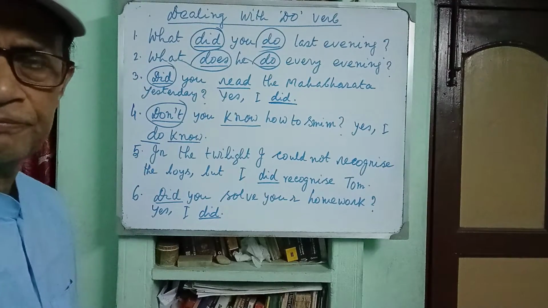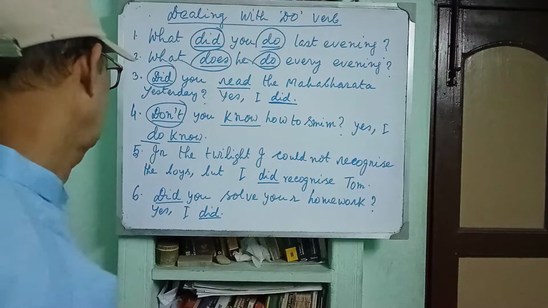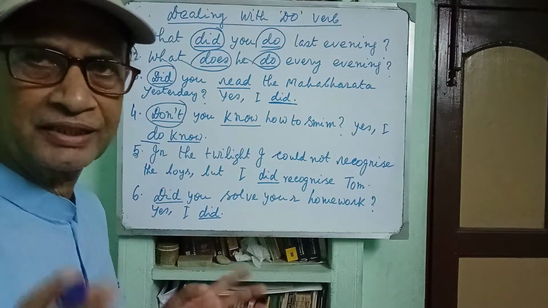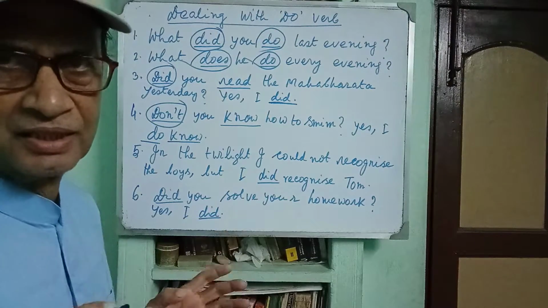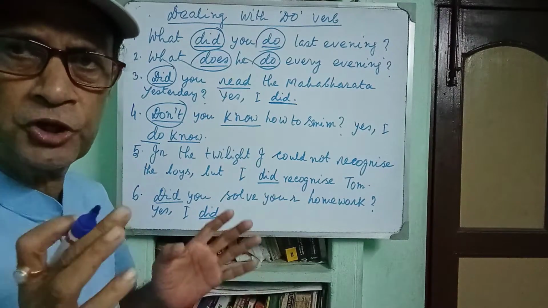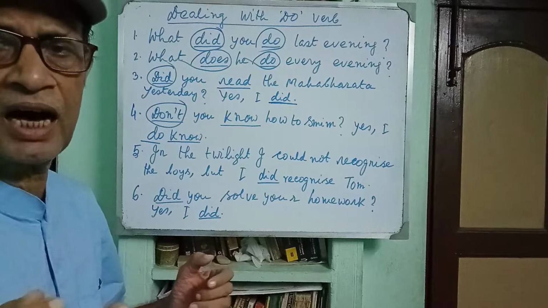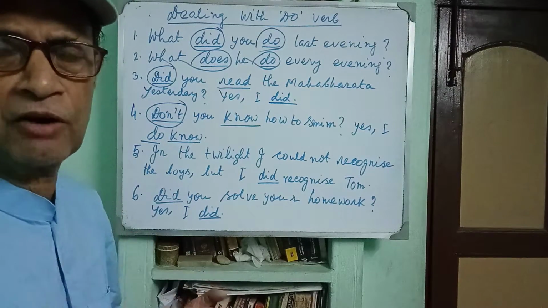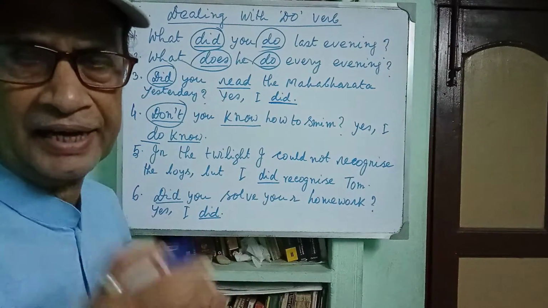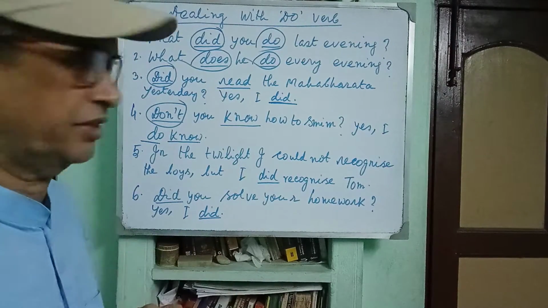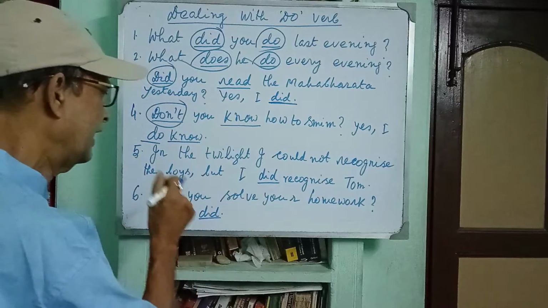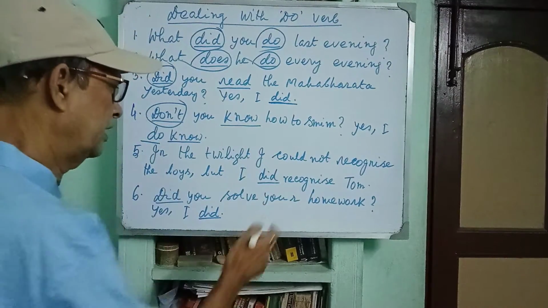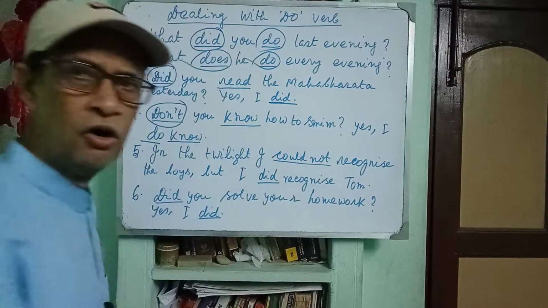Now come to the 5th example. Twilight means dusk. It is the combination of 2 lights, that is the going of the day and the coming down of the evening. In the twilight, I could not recognize the voice. Here could not is auxiliary verb.